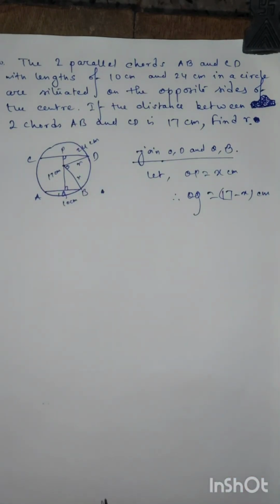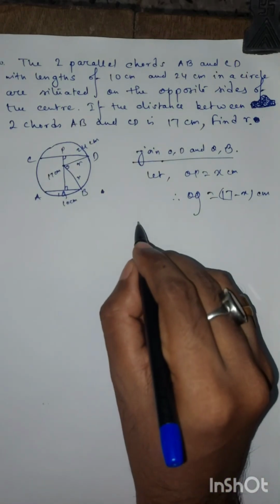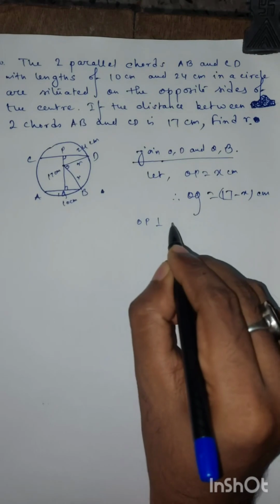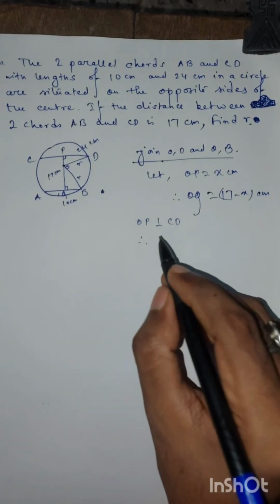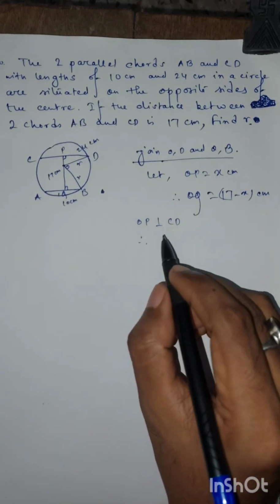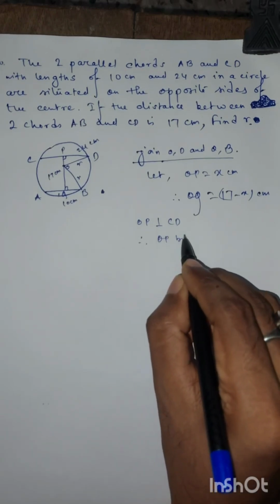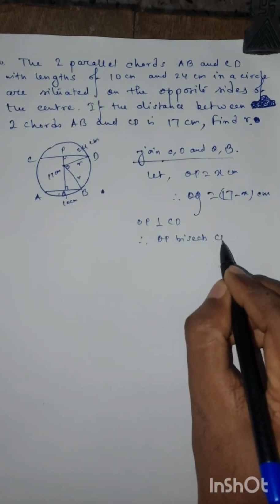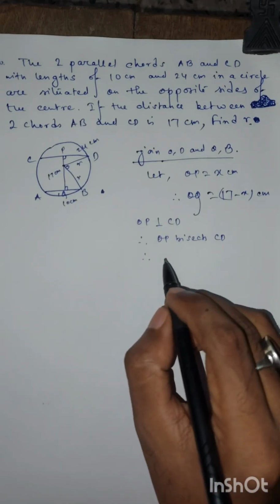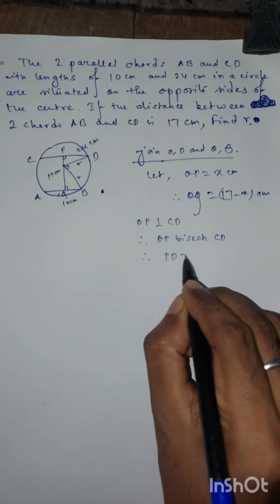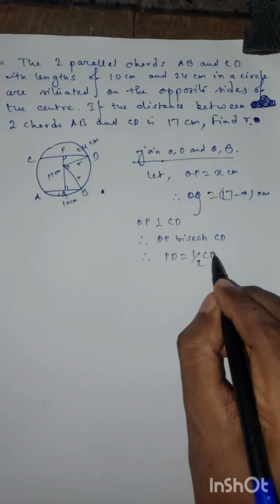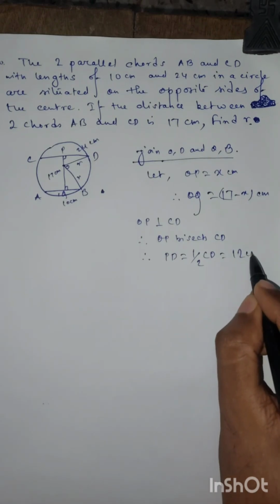Now, OP is perpendicular to CD. Therefore, OP bisects CD. Therefore, PD equals half of CD, which is 12 centimeter.